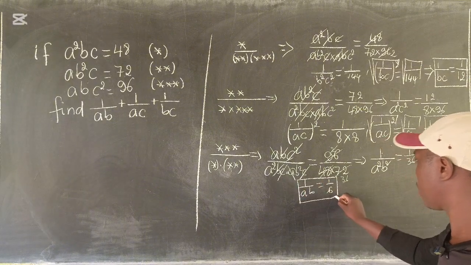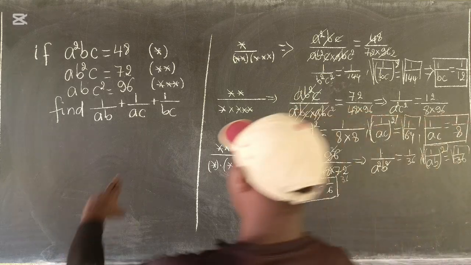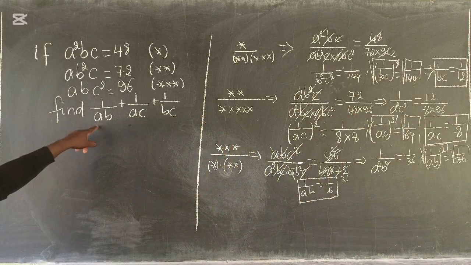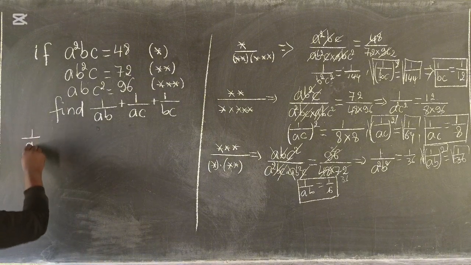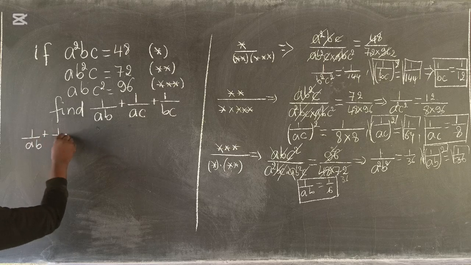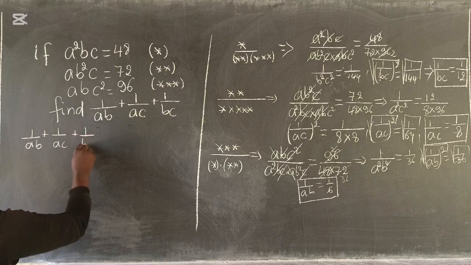Let's hope this is clear so far. Let's come back to what we are asked to find: the reciprocal of AB plus the reciprocal of AC plus the reciprocal of BC.